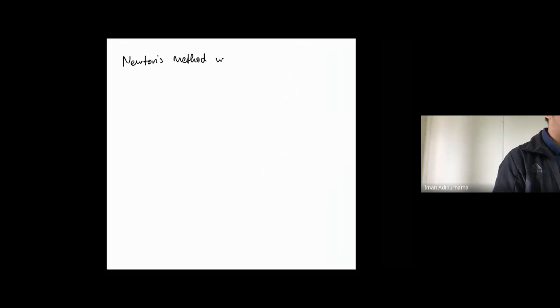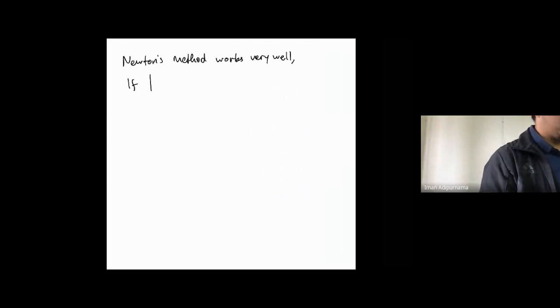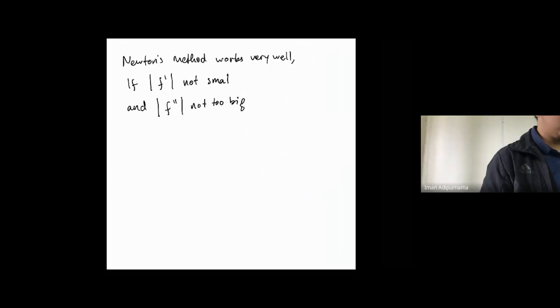It works very well if the absolute value of f prime is not small, and the f double prime is not too big, and the point x0 starts nearby the real root.